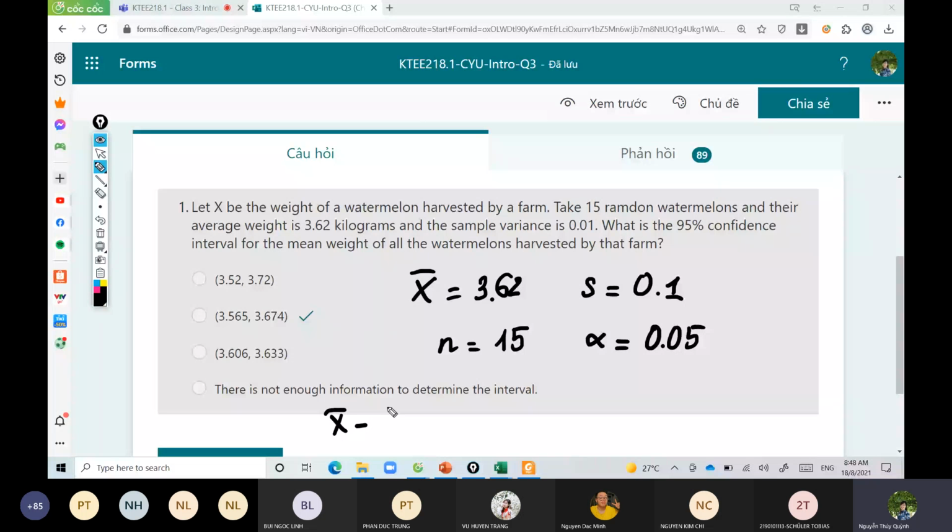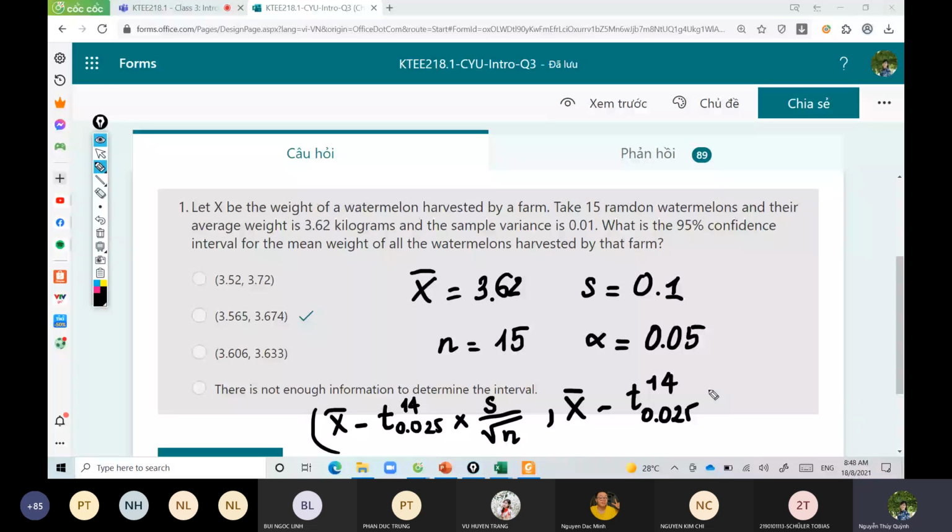The critical value is t of 0.025 with degrees of freedom 14, multiplied by s divided by the square root of n, and x bar plus the same term.